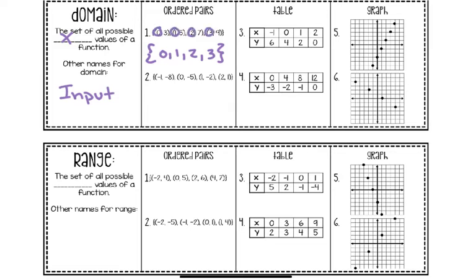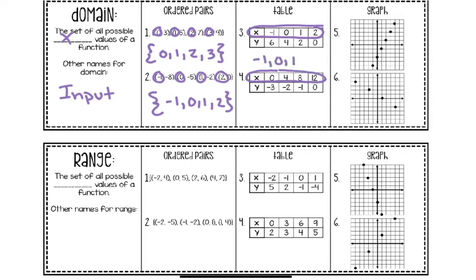So hopefully you're able to do these on your own right now. Okay. And then from the table, here is our domain. The biggest thing is to just make sure you write it in order from least to greatest.